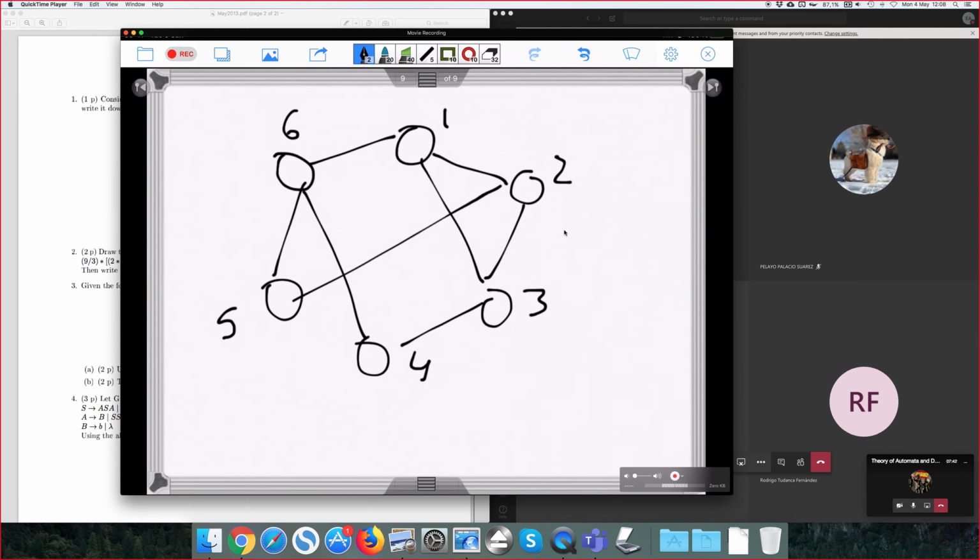So this is the graph. Clearly this is not a tournament. For starters, this is not directed, and there are no connections among all the different vertices in the graph. So this is not complete, and we cannot use the algorithm that we have studied in the lectures.